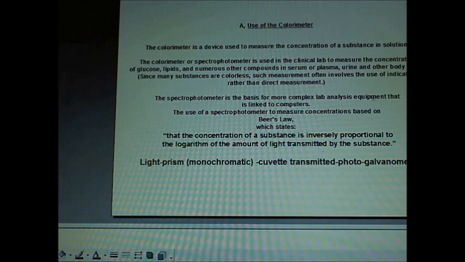That's the colorimeter. In a nutshell, you're going to shine light through it of a certain wavelength, close to that of the substance you're measuring, and you're going to compare that to a graph made of known standards, and through that be able to tell how much of that is in the specimen.